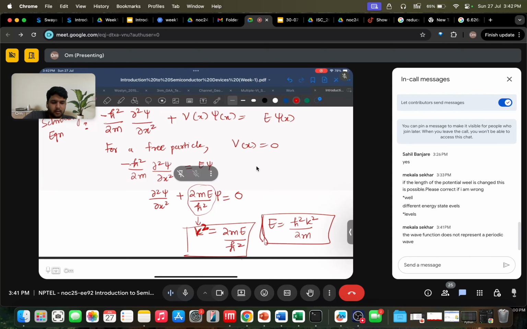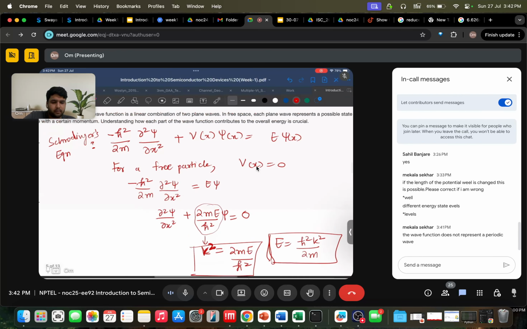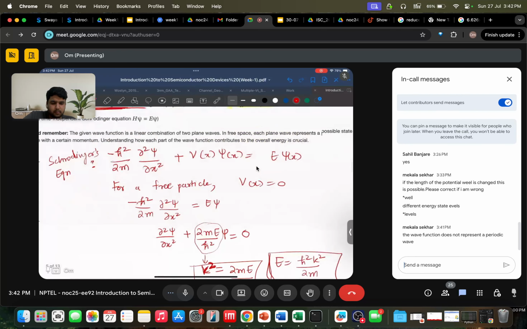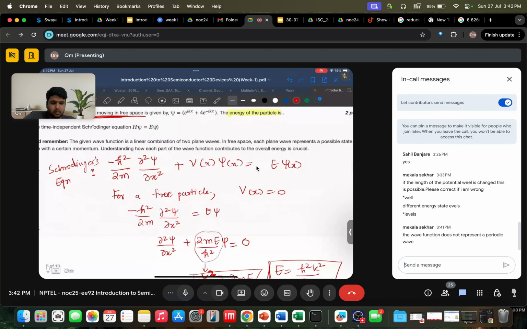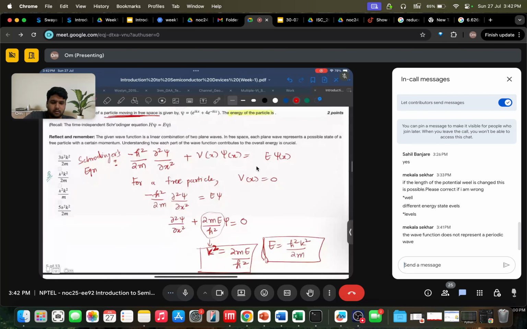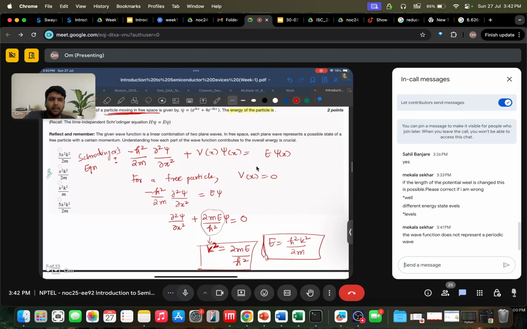The wave function does not represent a periodic wave. Okay, why does it have to be a periodic wave? What do you mean that it is not a periodic wave?